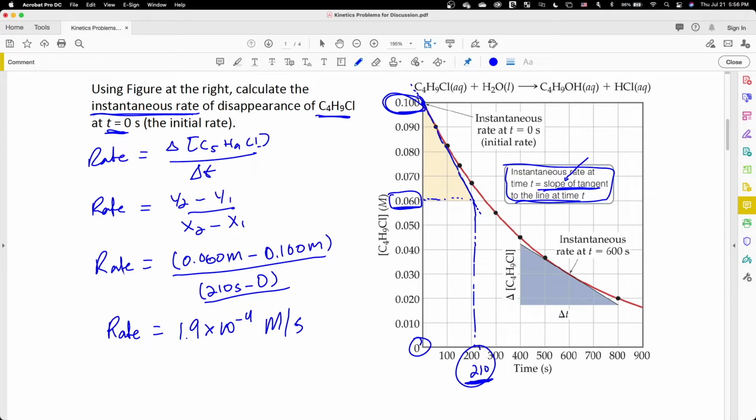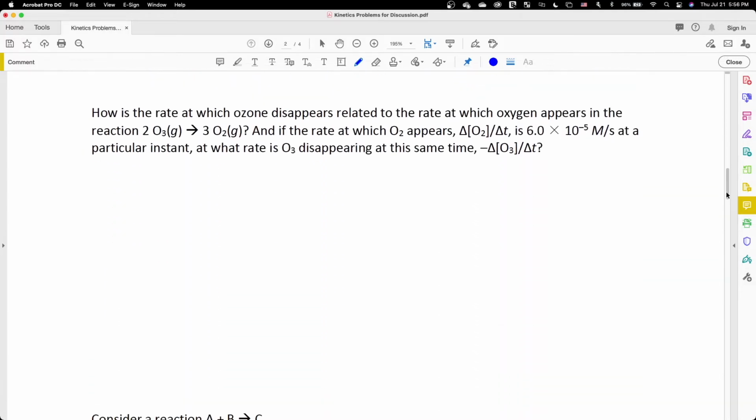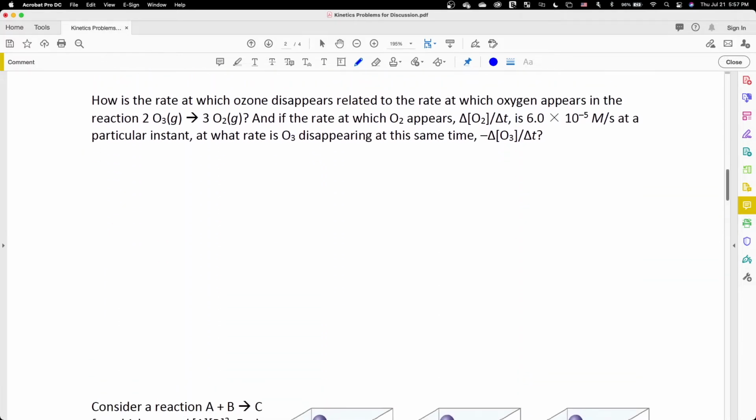Okay, so let's go to the next one. Here the question is asking, how is the rate at which ozone disappears related to the rate at which oxygen appears in the reaction of 2O3 becomes 3O2?